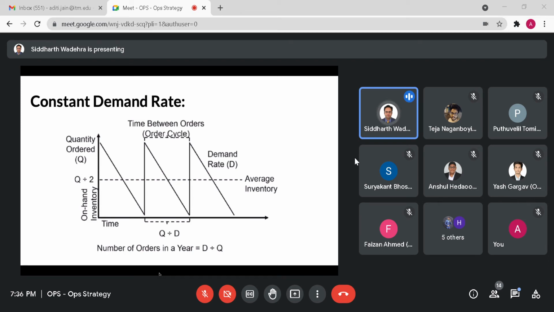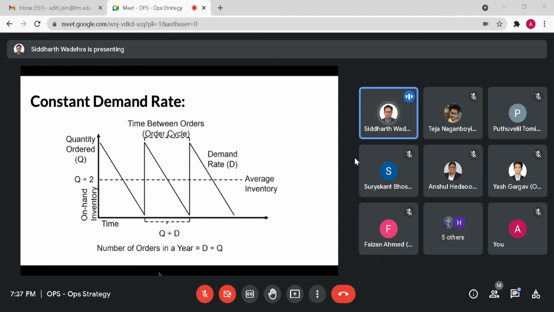So simply stated, if you have an annual demand of 10,000 units and you order 2,000 at a time, in one batch or in one order, you are basically ordering 5 times in a year. So the number of orders is 5 in a year, based on 10,000 being the annual demand and 2,000 being the quantity you order every time you place an order.